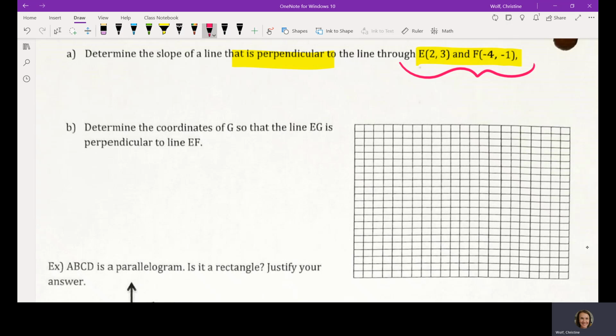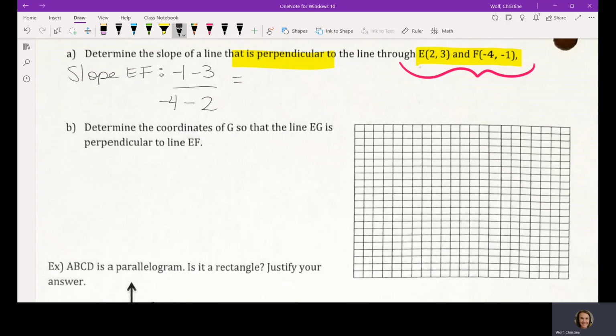So let's first find the slope of EF. To find the slope between 2 points, you use that formula. y2 minus y1 would be -1 minus 3 divided by x2, which is -4, subtract x1, which is 2.